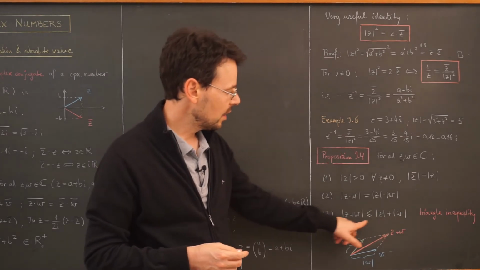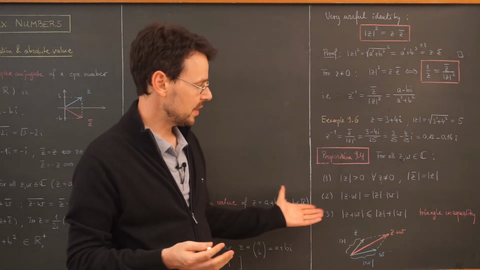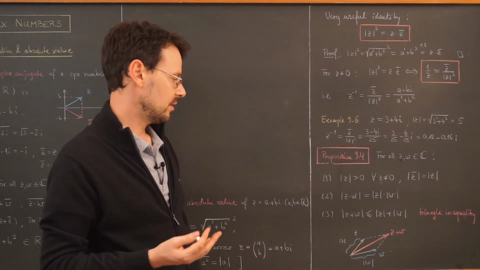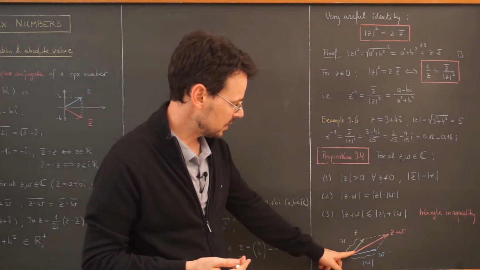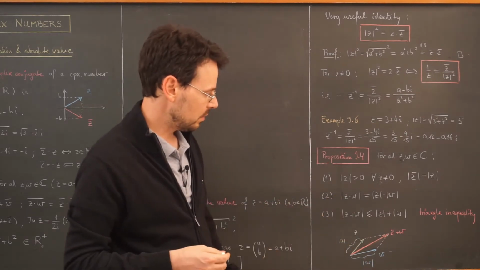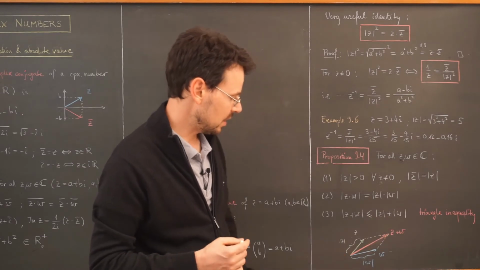We already used this for real numbers, but there it wasn't apparent what this should have to do with a triangle. Now in the complex numbers, this is clear because if this is the number z and this is the number w, or the associated arrows, then the sum of the two is this arrow by the parallelogram rule.